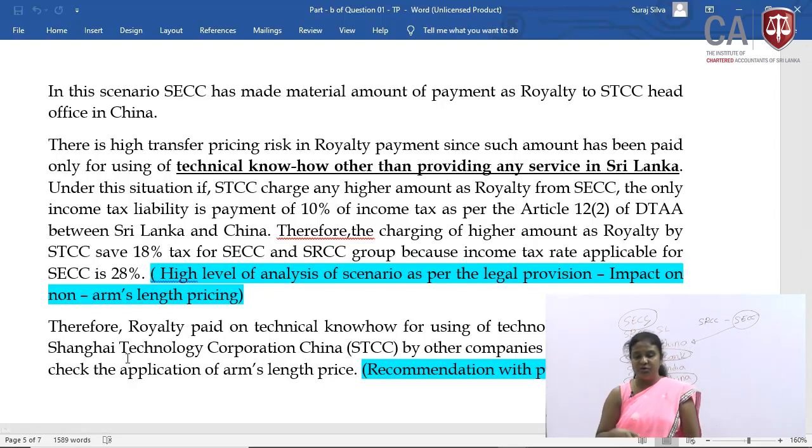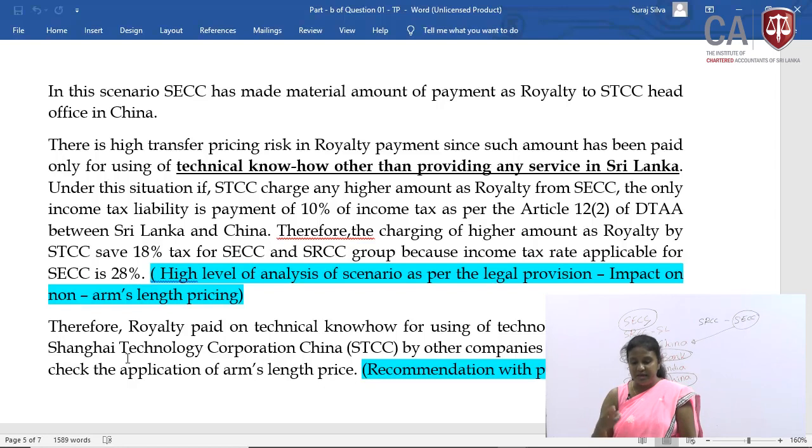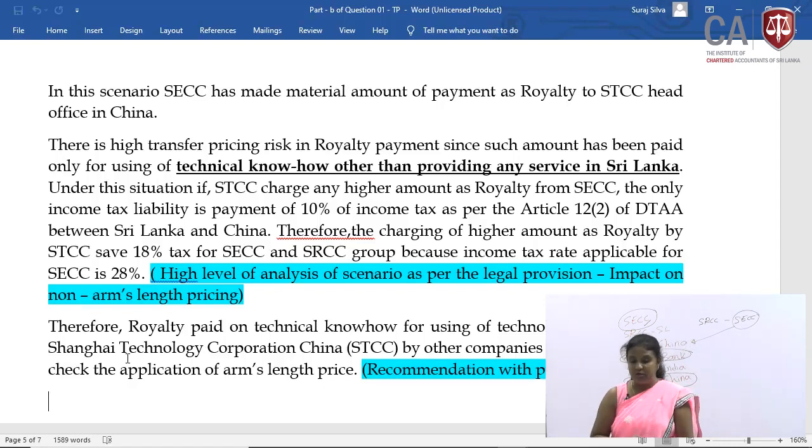In this scenario, SCCC has made material amount of payment as royalty to STCC head office in China. There is a huge amount of payment they have done. Then there is high transfer pricing risk in royalty payment since such amount has been paid only for using technical know-how other than providing any service in Sri Lanka.